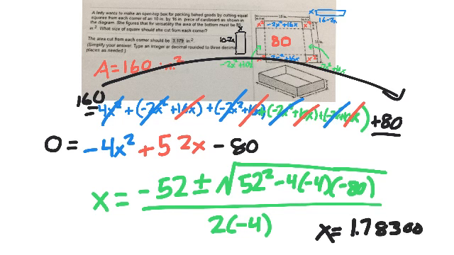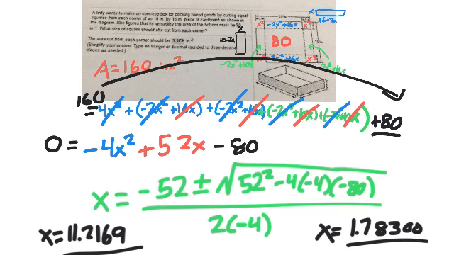So what was the one with the minus? Was it negative or positive? Hold on a minute. The minus was still positive. It was 11.2169. Okay. 11.21. So I've got two possibilities here. So the little piece you could have cut off could have been 11.21 or 1.783.